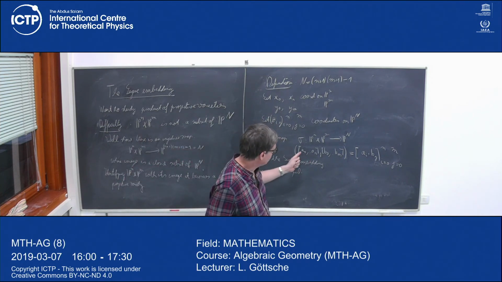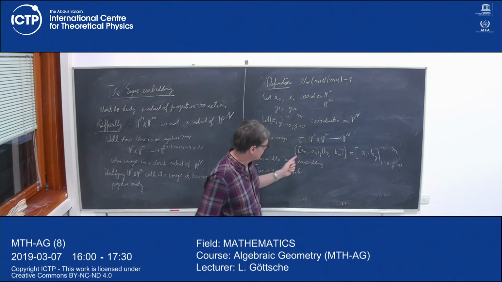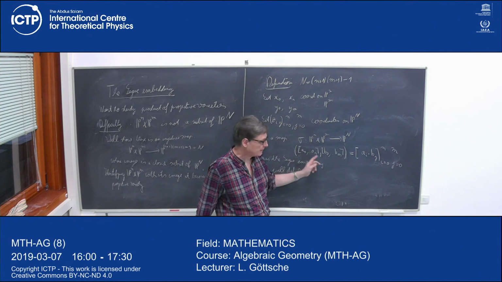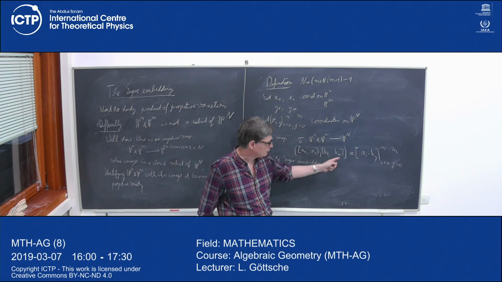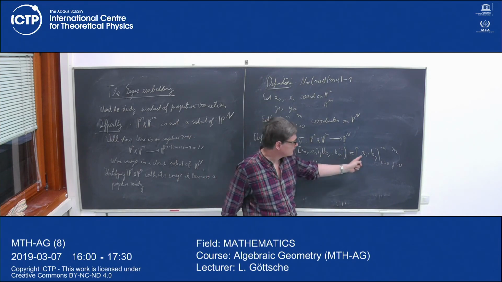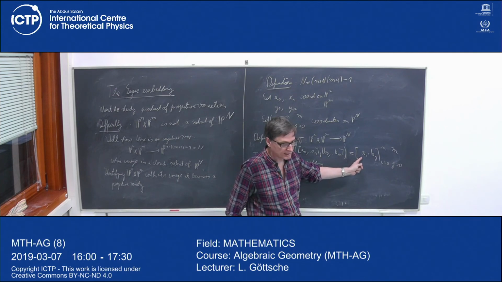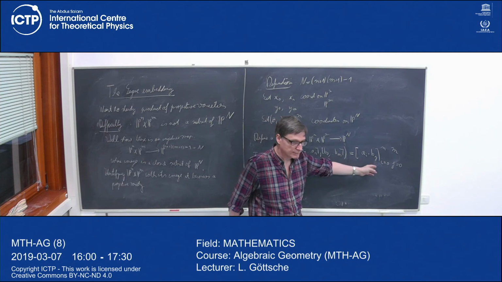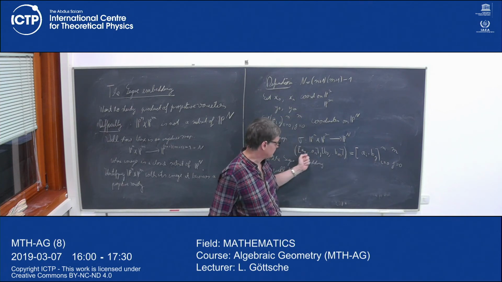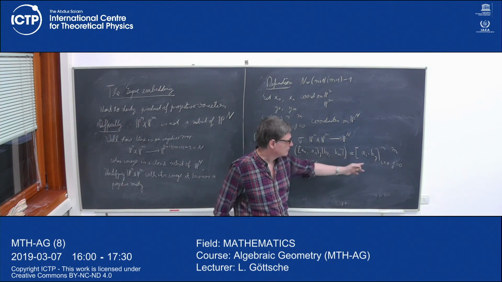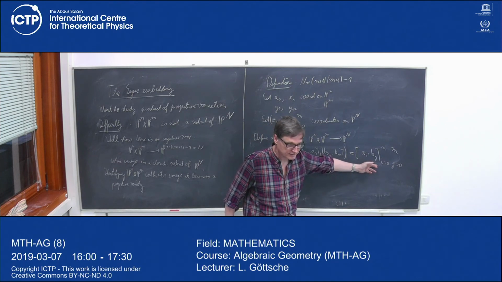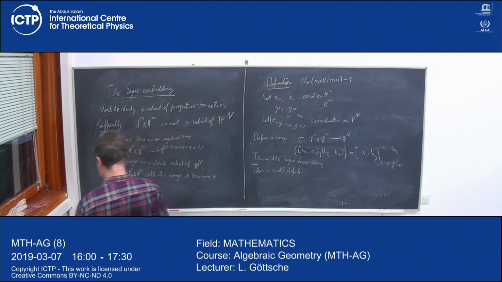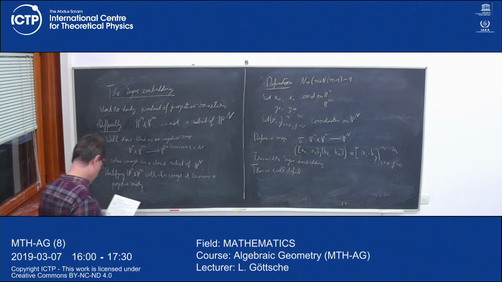If we multiply every coordinate here by the same number lambda, and every coordinate here by the same number mu, then every coordinate here is multiplied by lambda times mu, so we are sent to the same place. If we replace this by another representative and this by another representative, it's the same point in projective space.